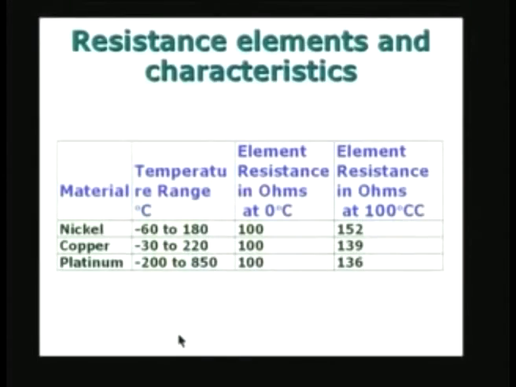And let us look at some of the resistance elements which are used in practice. I have indicated 3 of them: nickel, then copper and platinum. Of course, platinum is the most common, others are not that common, but they are also useful and used. So, we have 3 different materials.